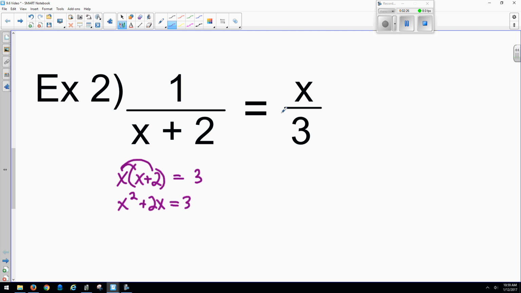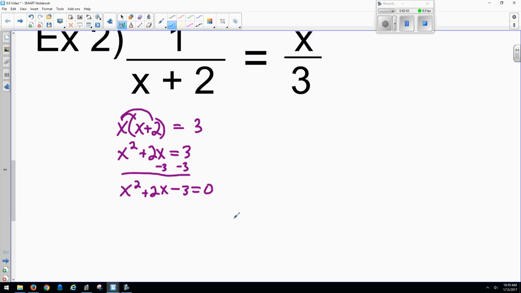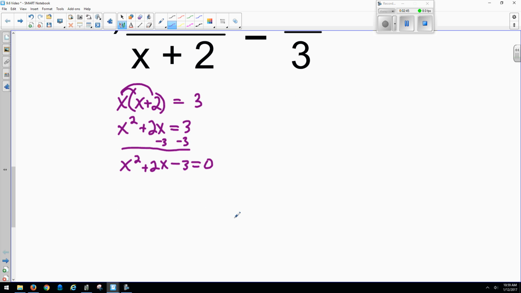So we're going to solve this. It is an equation. It has an equal sign. The directions are to solve. To solve this, I'm going to subtract 3 from both sides. x squared plus 2x minus 3 equals 0. All of you should know how to factor this by now, so I'm not going to spend time talking you through factoring.